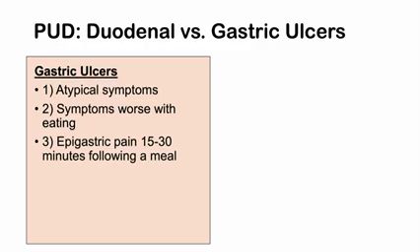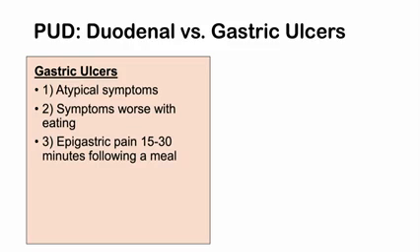So the reason all of this occurs is because you can imagine when an individual eats, their stomach becomes full and gastric acids are secreted. So those gastric acids can irritate those ulcers. And that's why we can see symptoms being worse with eating.